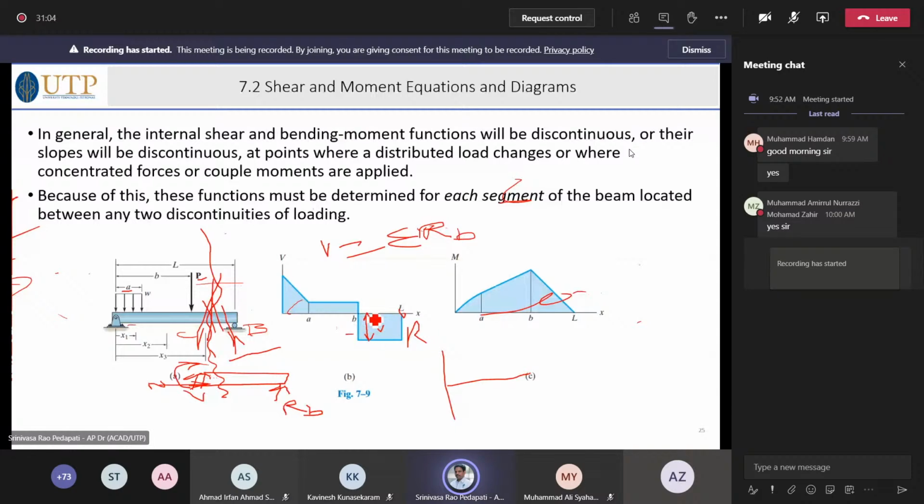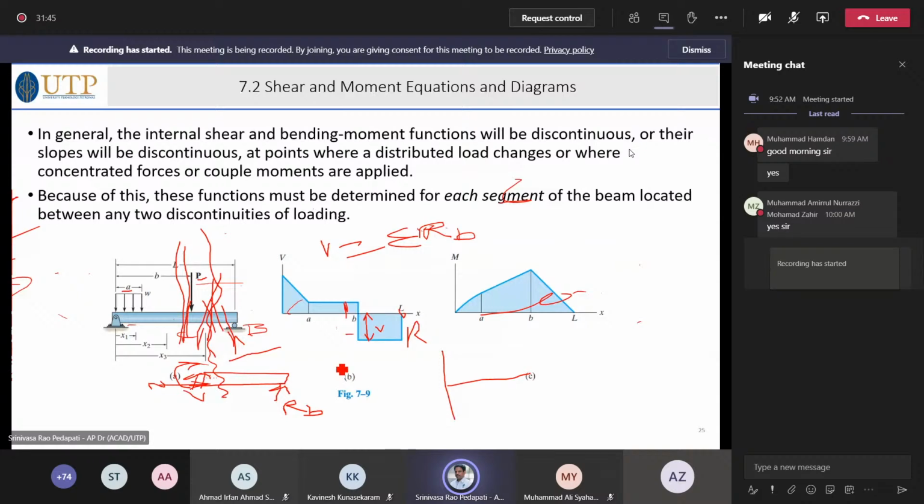Once you reach the point P and take a section exactly there, considering the right side, P is acting downwards and R is acting upwards. That means P minus R is the net force acting here, and the height shown here is equal to P minus R.